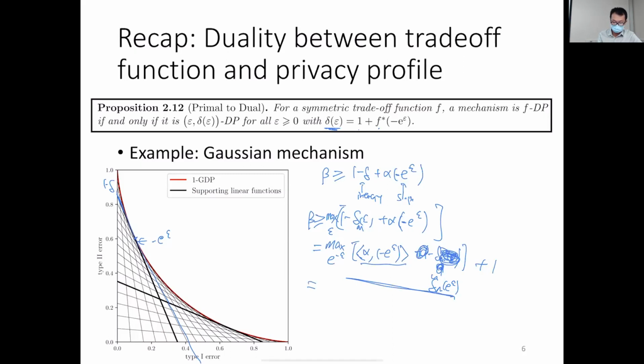So this is the convex conjugate of, let me also add, minus e to the power of epsilon here, and this denotes the conjugate, where the input is taken to be this alpha.